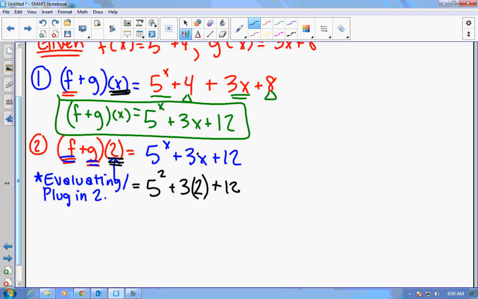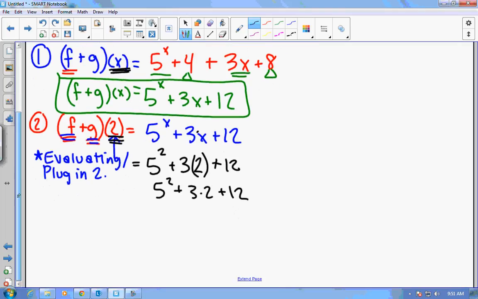Just in case you don't think it's a 32, you could even write it with parentheses or write times. It is multiplication.